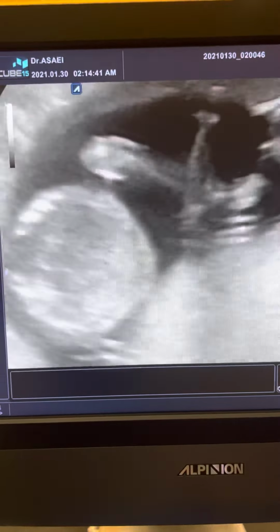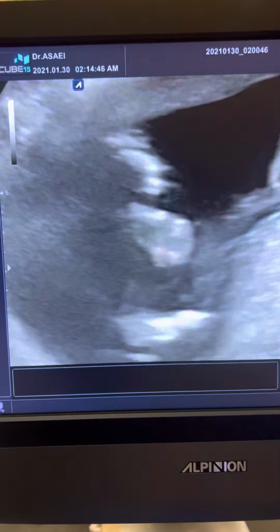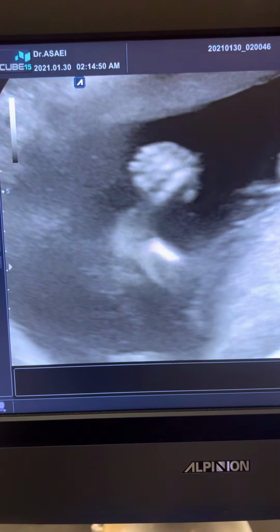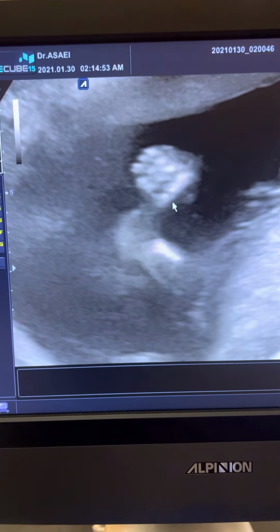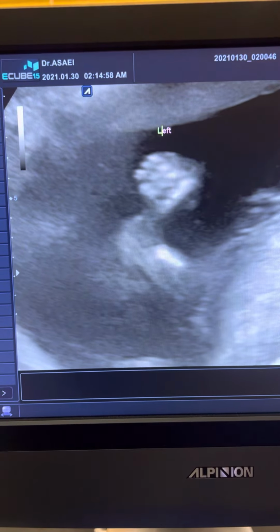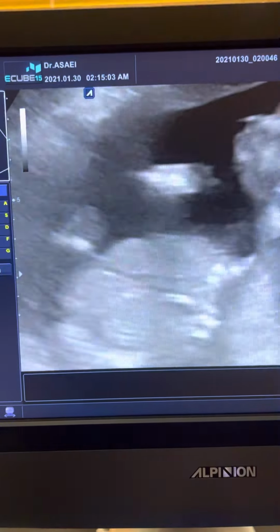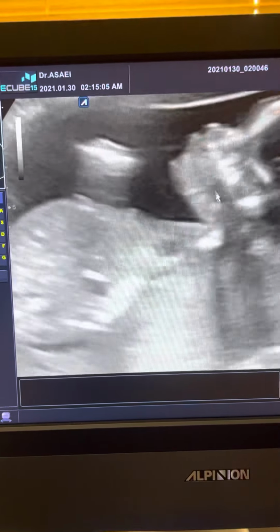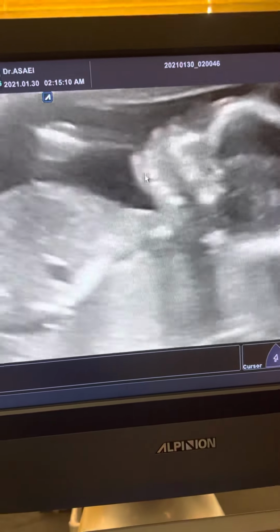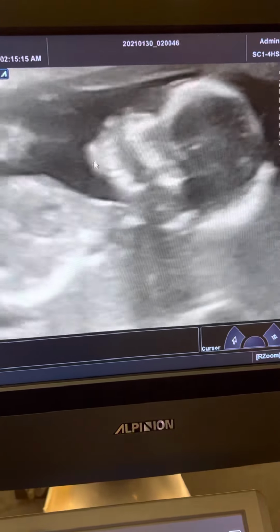And we have the left hand here. Again, the thumb here and 4 other fingers. Again, profile position, the nose, the chin, one eye, upper lip, another eye.